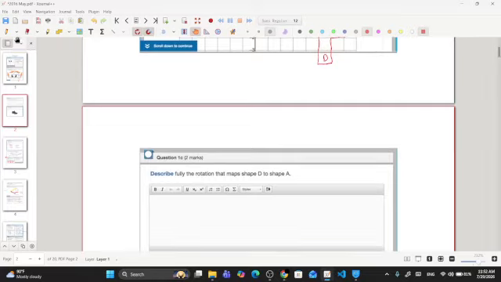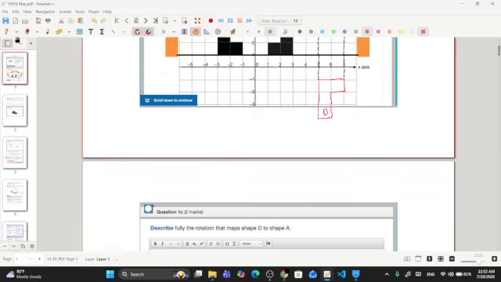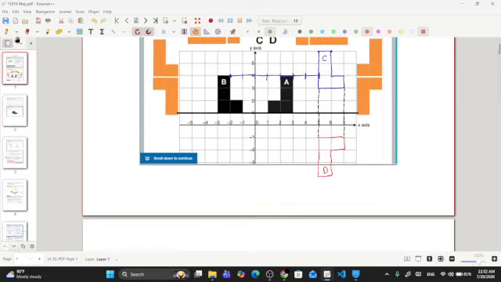Describe fully the rotation that maps shape D to shape A. Now we can see that in order to describe the rotation, it's quite evident. Have a look. Without a shadow of doubt, it's a 180-degree rotation.